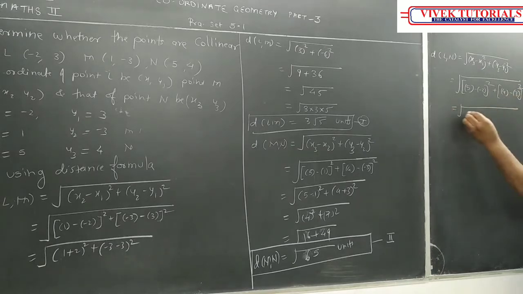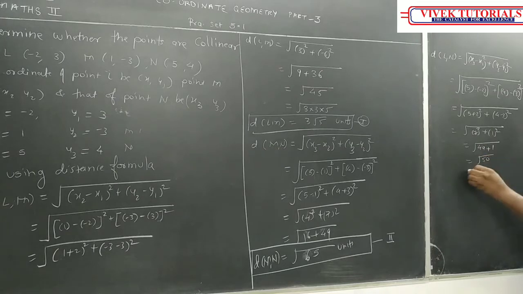That is equal to 5 plus 2 the whole square plus 4 minus 3 the whole square, is equal to 7 square plus 1 square. 49 plus 1 is 50.